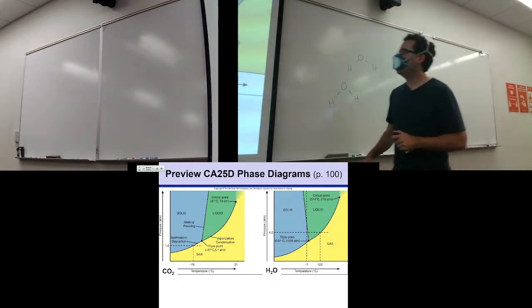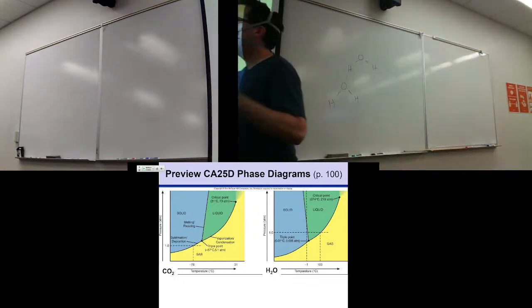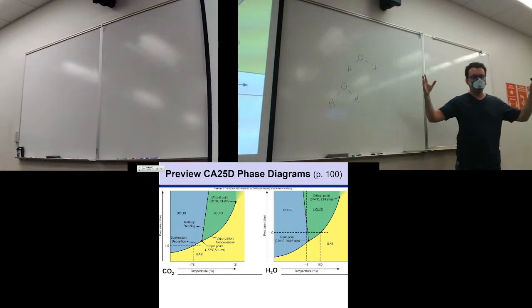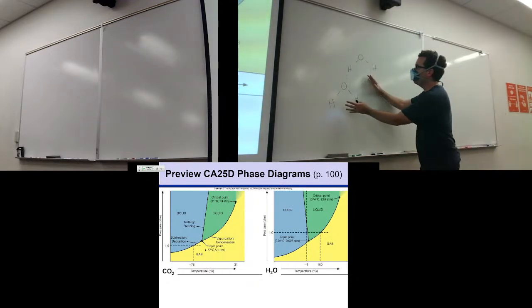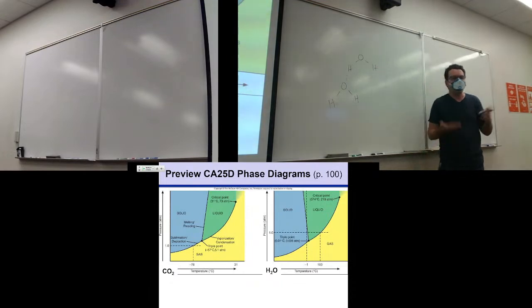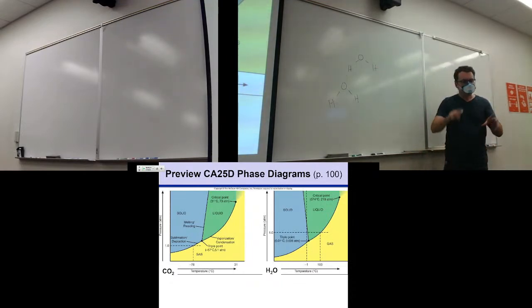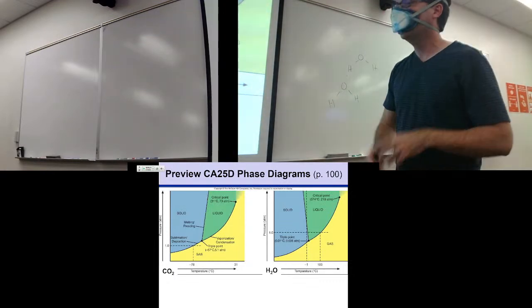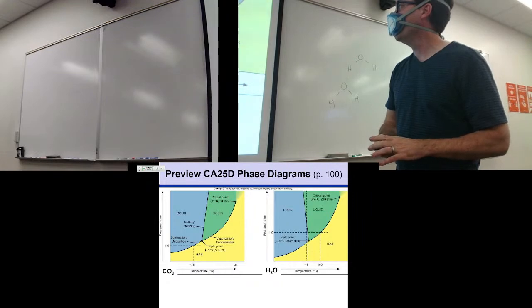And so the increase in pressure generally means you're trying to force the molecules closer together. In this case, if I force the molecules closer together, I'm breaking these solids and making it liquid, because the water molecules have to flex away, move around to get away from being too close to each other.